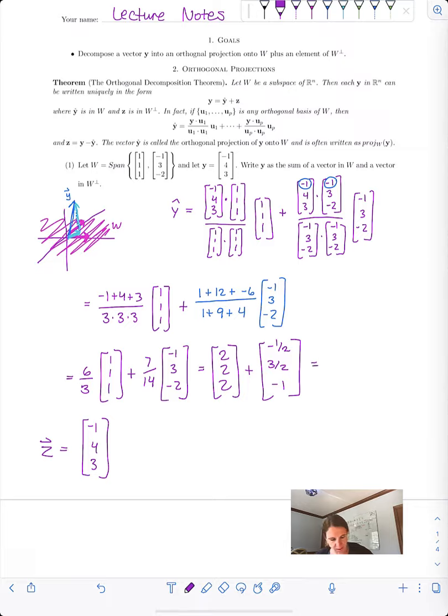Oops, I didn't finish adding this together. So we have 2 minus 1/2 is 3 halves, right? 4 halves minus 1/2 is 3 halves, 4 halves plus 3 halves is 7 halves, and 2 minus 1 is 1.